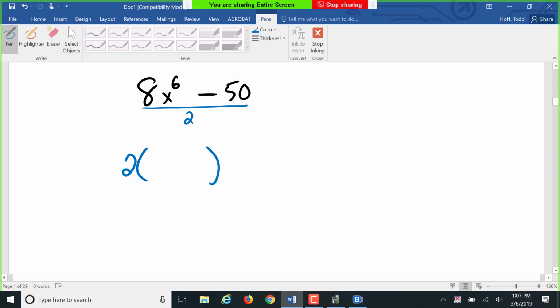Both 8 and 50 are divisible by 2. What do we get when we do that? Perfect. 8x to the 6th divided by 2 is 4x to the 6th. Negative 50 divided by 2 is negative 25. Now it's apparent that that is the difference of perfect squares.